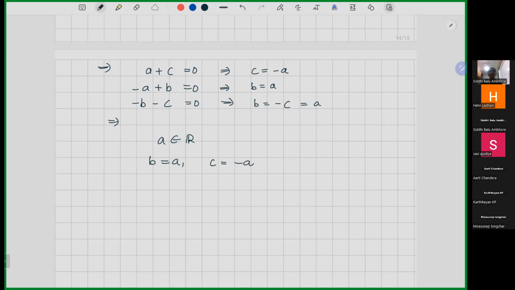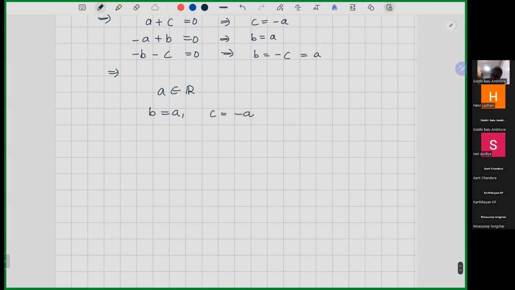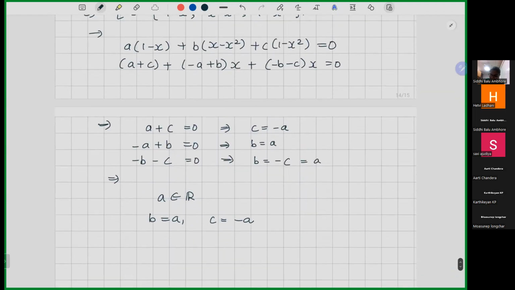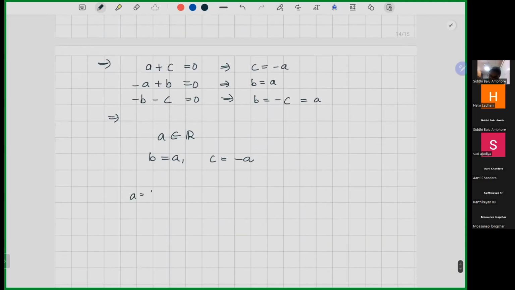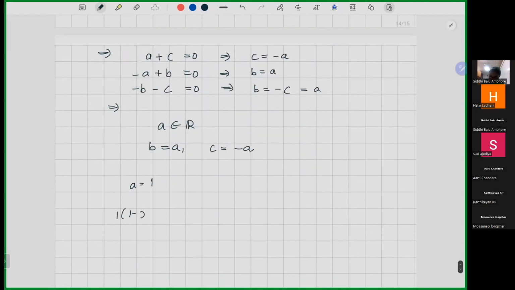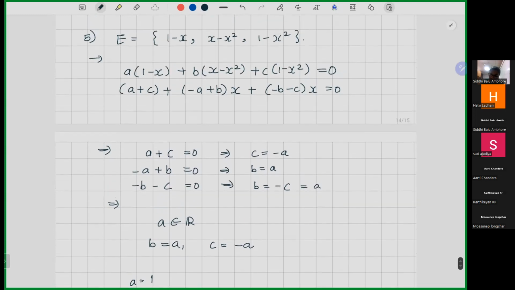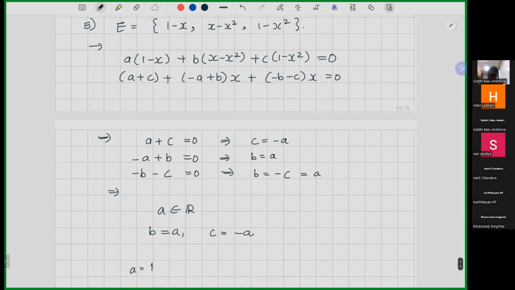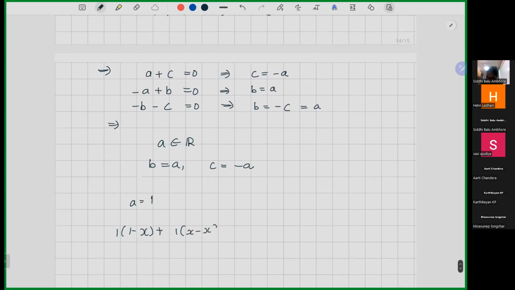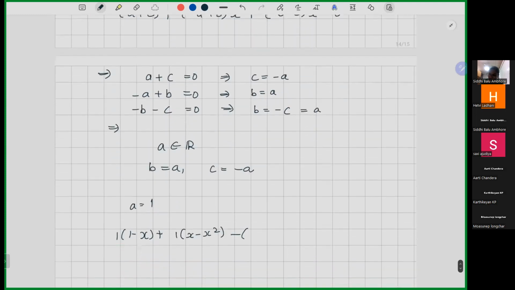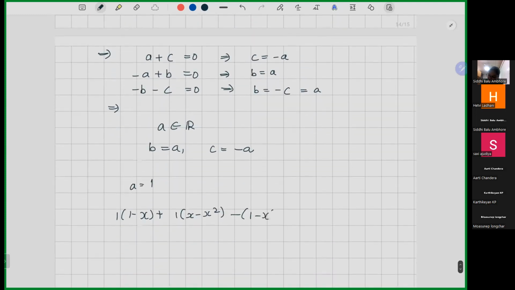Okay. Then I can have this linear combination where I choose, let us particularly choose a to be 1, then 1 into (1 minus x) plus b will be again 1 into (x minus x square), and c will be minus 1 into (1 minus x square).